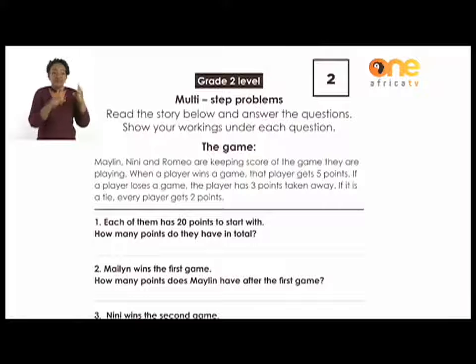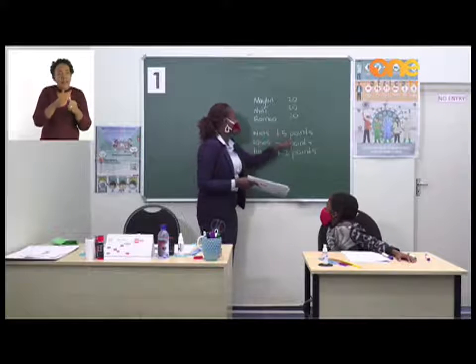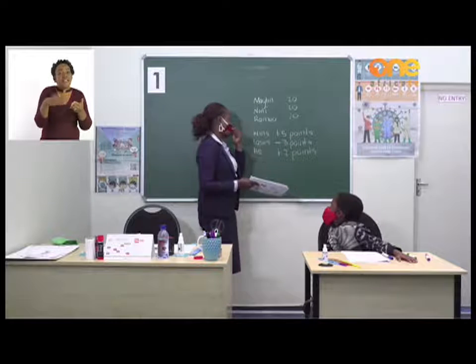Let's now check number 2. Maylin wins the first game. How many points does Maylin have after the first game? We said a win is 5 points.